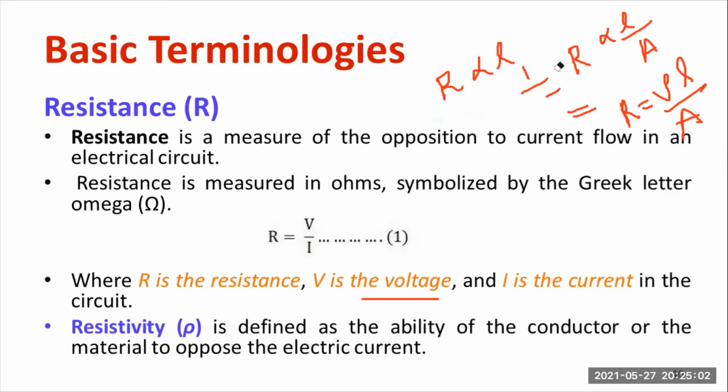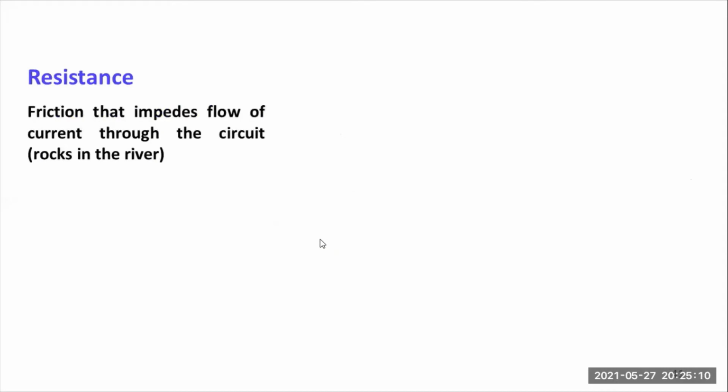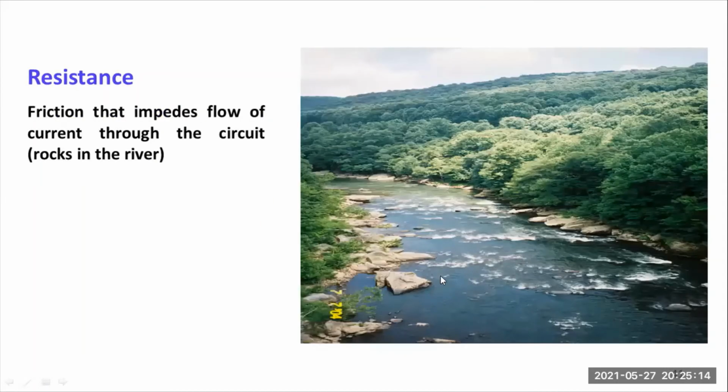Similarly, we can compare resistance with one of the natural phenomena. I will show you a beautiful example. It is very clear that if there are some debris or branches of trees falling over the water, or some rocks present over the top portion of the water, it definitely reduces the water flow.